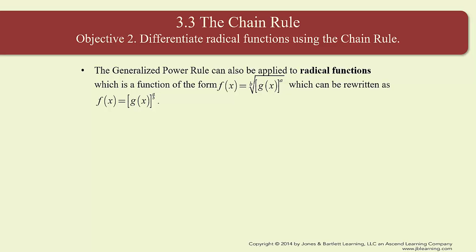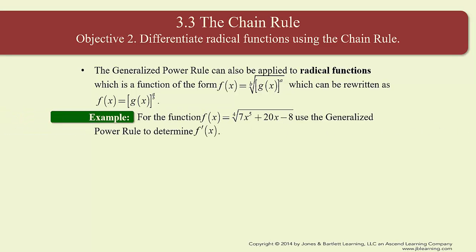That's just an important skill to have in calculus. It just makes the calculus doable. So let's look at another example. Here the function f of x is the fourth root of 7x to the fifth plus 20x minus 8, and we are going to determine the derivative. So write it down because I'm heading off to the chalkboard to do this one.